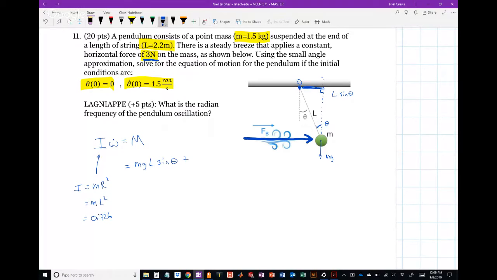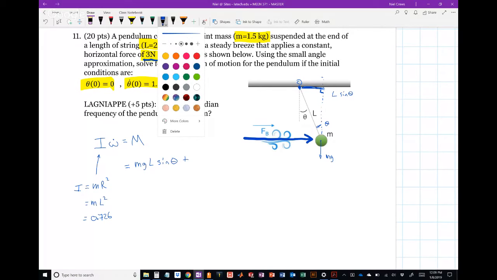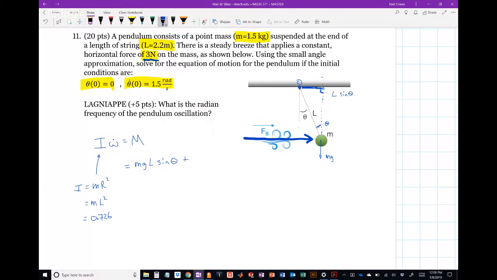What we want is this shortest distance, the lever arm. If I extend that out, then we would see the lever arm here, which is L cosine of theta.